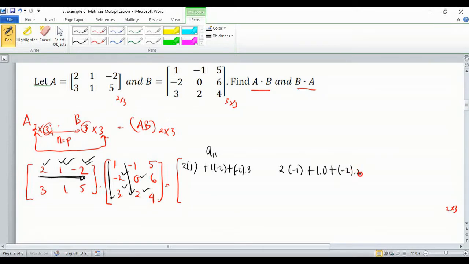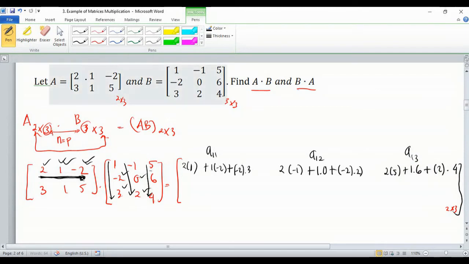Because this is the first row and the second column, the name is A12. And then the first row with the third column: 2 times 5 plus 1 times 6 plus -2 times 4. This is for the first row with the third column.